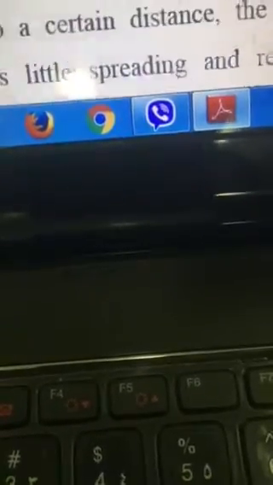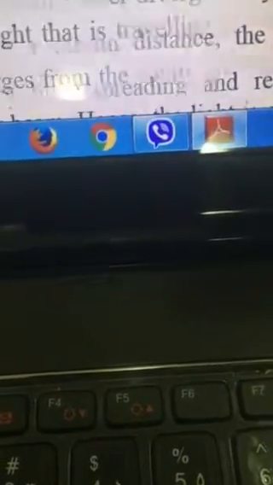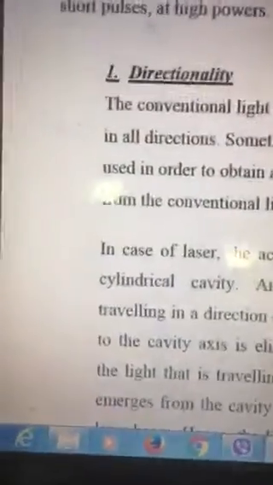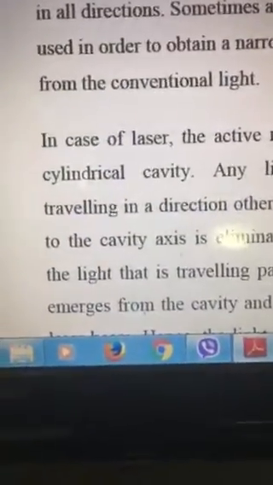And as we discussed before, we have two types of coherency that we already discussed. And the directionality, for example: the conventional light source emits light in all directions.